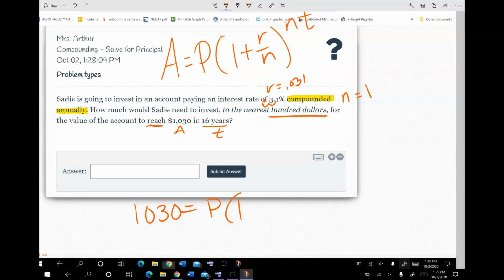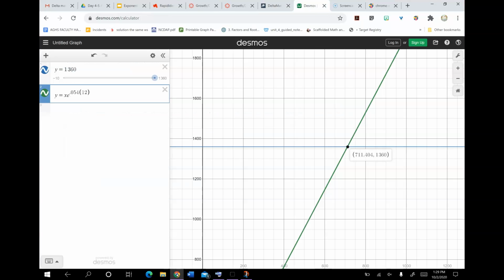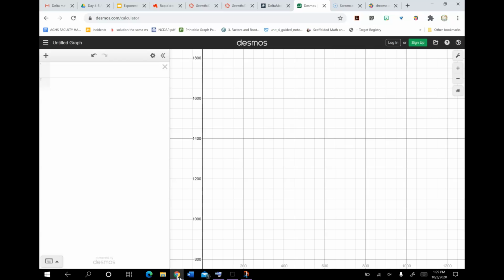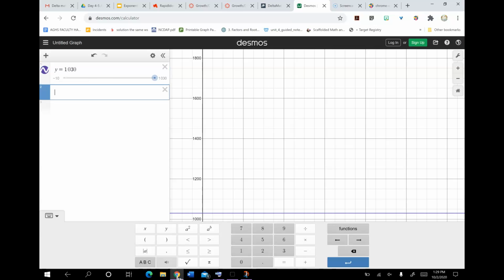Don't know my P. Again, left-hand side line 1, right-hand side line 2. So we're going to go to Desmos. Y equals 1030.